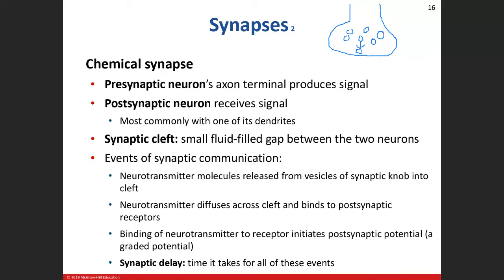And when they fuse with the plasma membrane, they release their contents out into that fluid-filled synaptic cleft. And whatever that neurotransmitter is, right now we'll just call it chemicals, all right? Those chemicals will diffuse across the synaptic cleft, okay, to a gate of some sort.